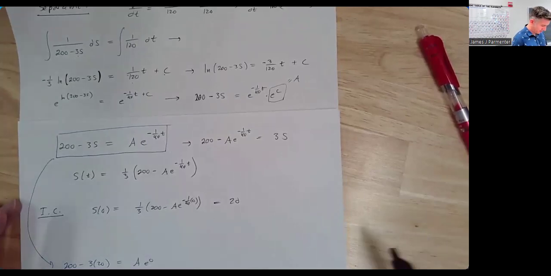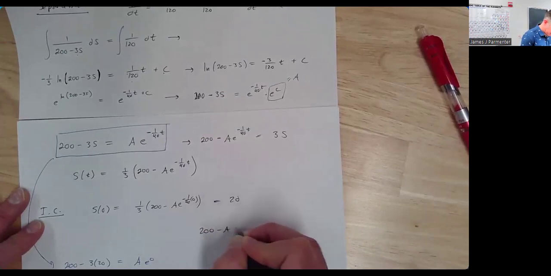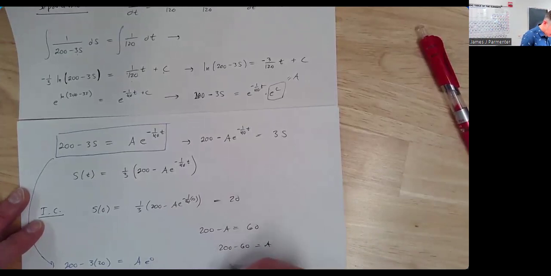Whereas doing it here, I have to do more work. I have to multiply both sides by 3 and say 200 minus a equals 60, and then 200 minus 60 equals a. So you get the same thing, and it's not a lot more work.